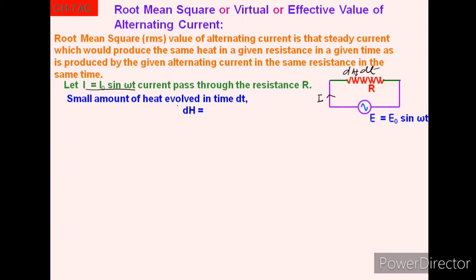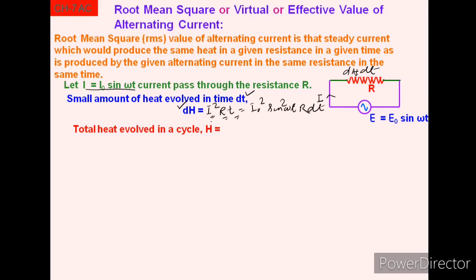Then this dH can be given as, we know the standard formula H = I square R T. So when we replace I with its value, we get I naught square sin square omega t, then R, and time dt.